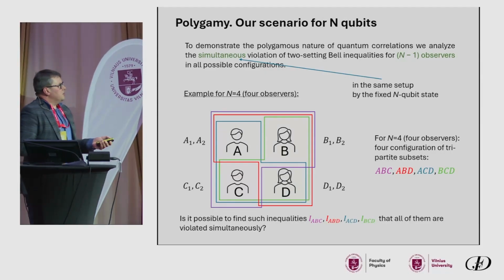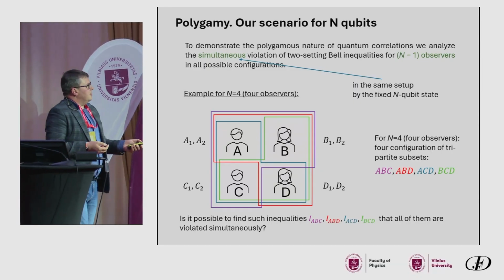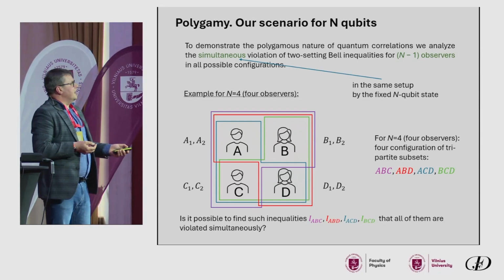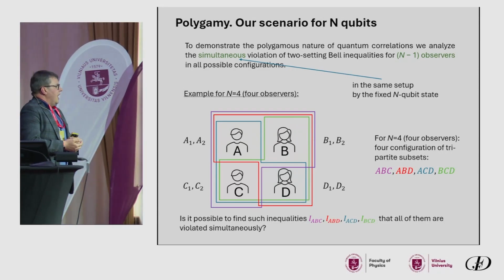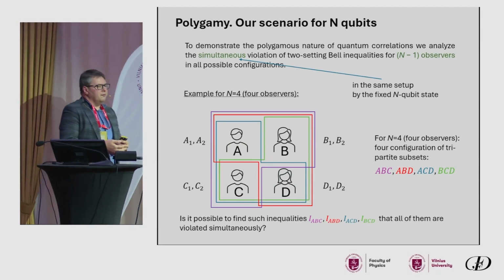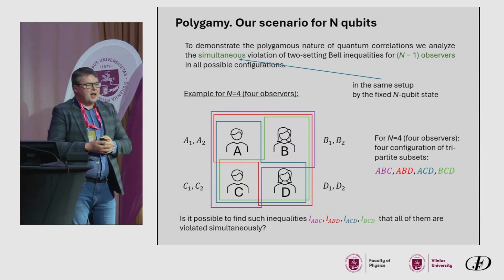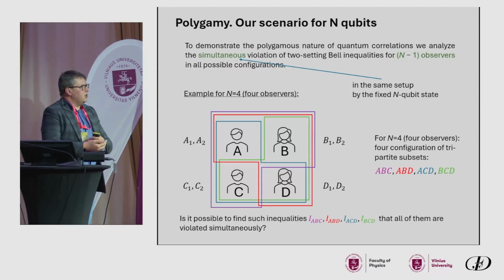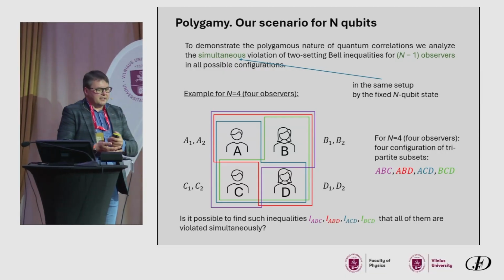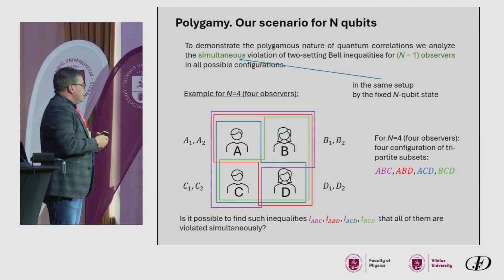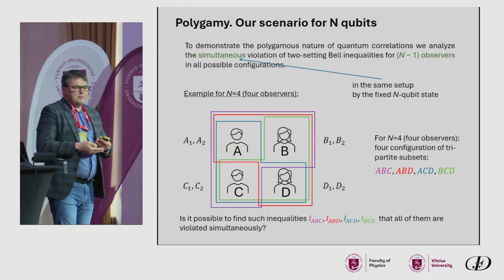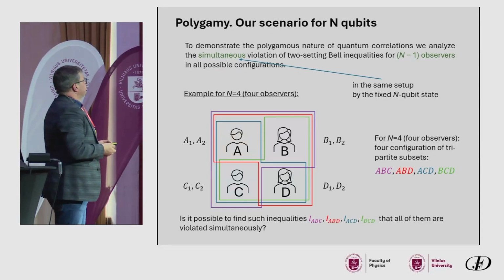And we consider all possible tripartite subsets, ABC, ABD, ACD, and BCD. And our question is: is it possible to find such Bell-type inequalities, ABC, and so on, that all of them are violated at the same time? At the same time, it means in the same setup and by the same n-qubit quantum state.